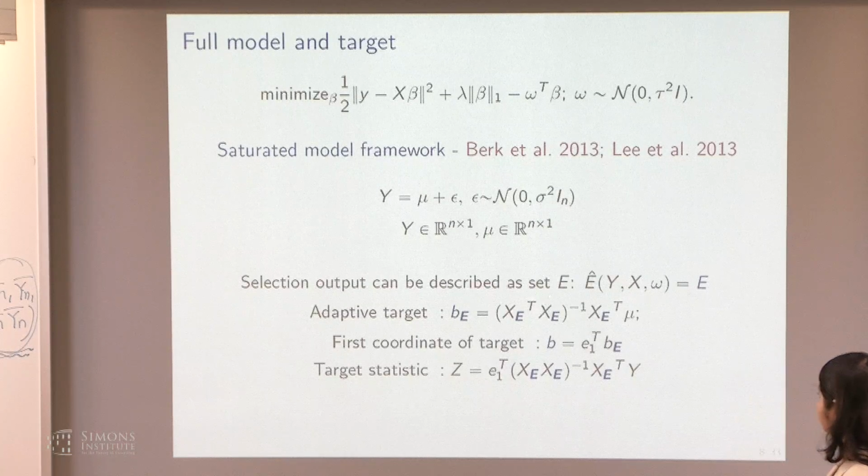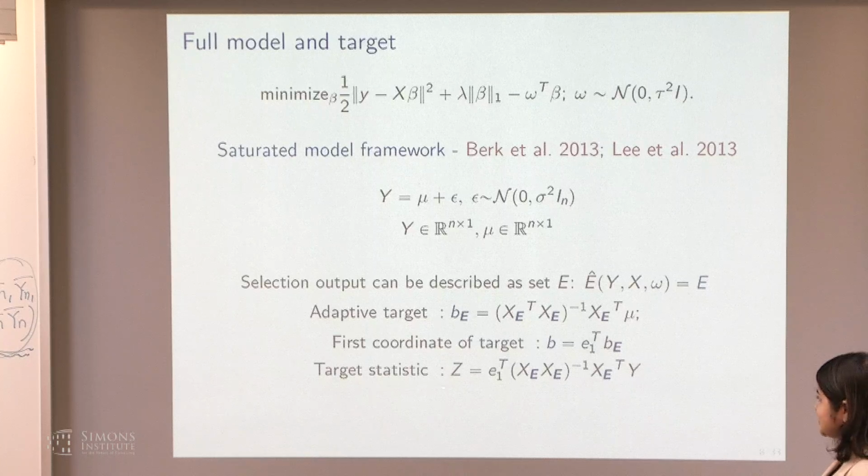Your selection output can be described as a function of your response y, data X, and randomization omega. The target that I'm looking at is the same old target, which is your population least squares coefficient, the projection of the true mean mu onto the selected subspace of X. And again, because Lee et al. do coordinate-wise inference, we just focus on the first coordinate of this E-dimensional vector.